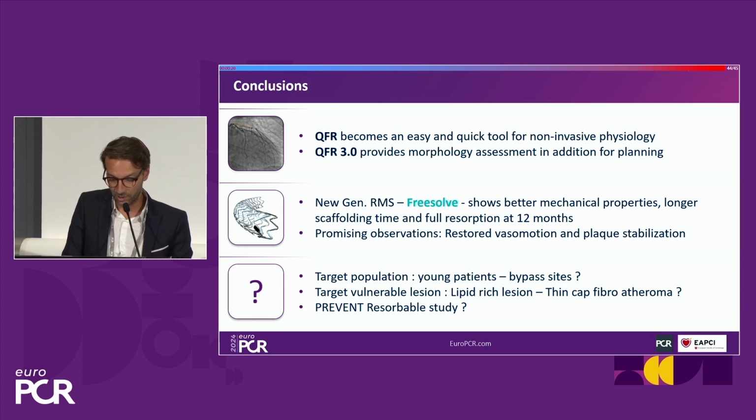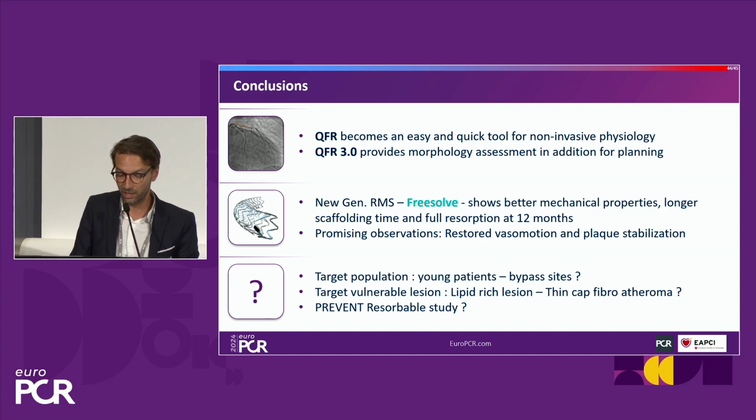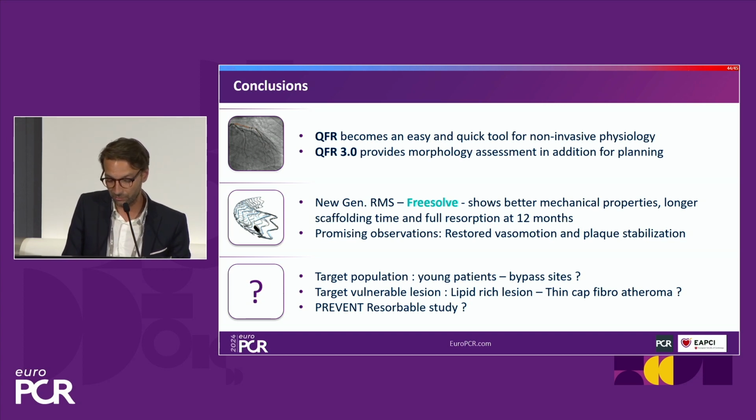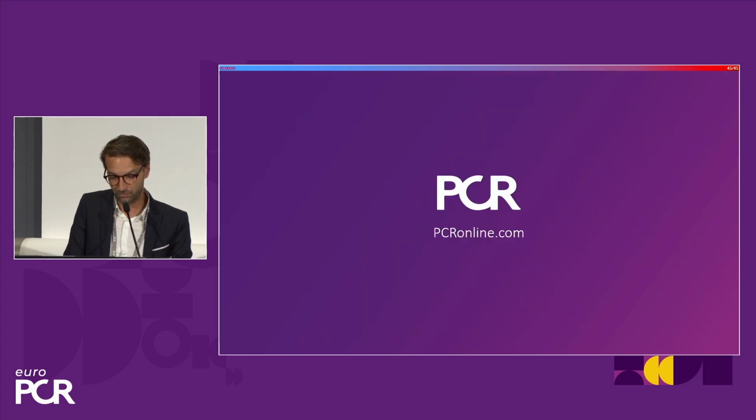This is a promising observation that vasomotion is restored, and it may have a role in stabilizing the plaque. Thus, we have to know who would benefit the most from this technology, targeting a young population or bypass sites, or targeting vulnerable lesions like lipid-rich thin-cap fibroatheroma. Maybe we can think about a PREVENT resorbable study. Thank you for your attention.